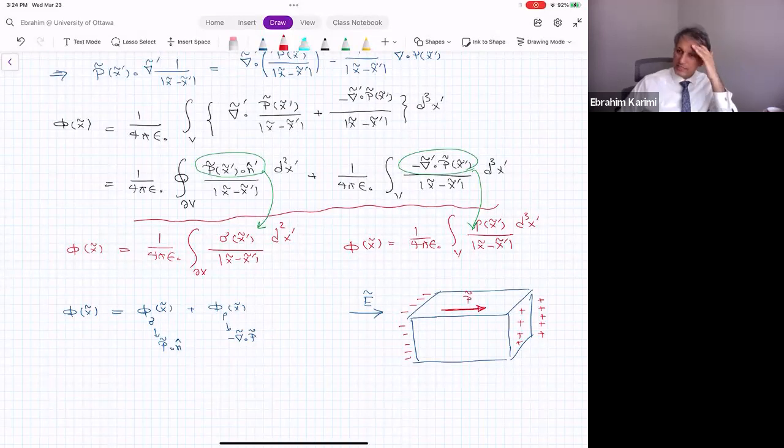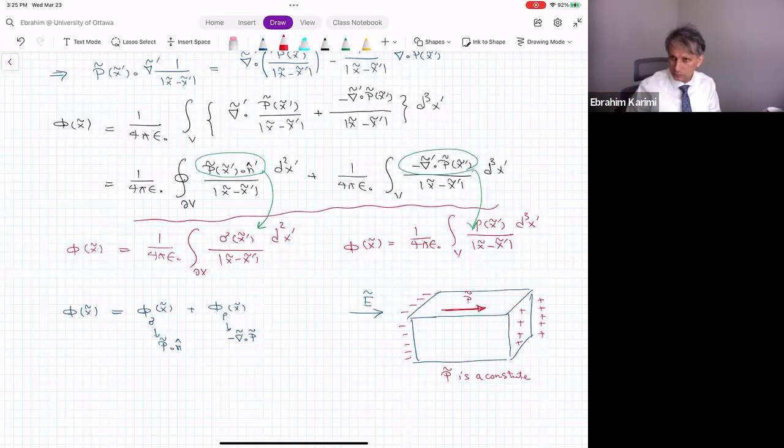Do you agree that P is a constant, not a function of position? Because we assume that the electric field is perfectly uniform, and this material also responds in a linear way to the electric field and not as a function of the position. So P is a constant inside of the material.